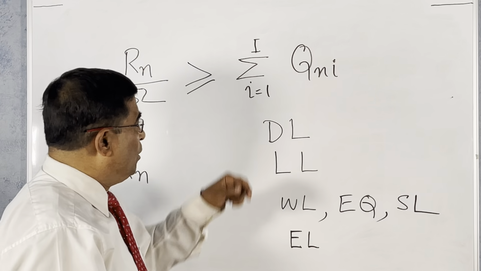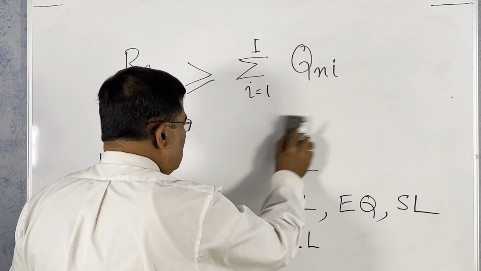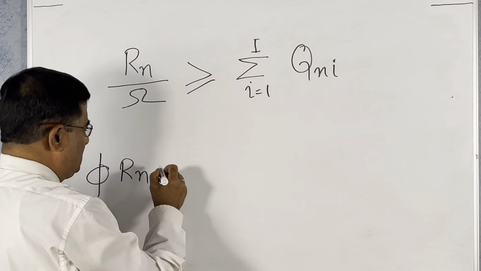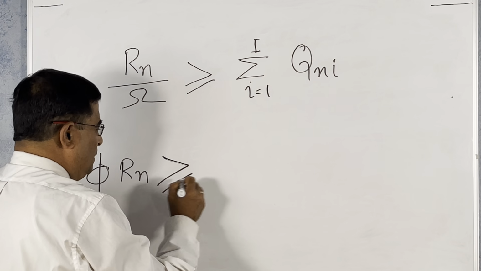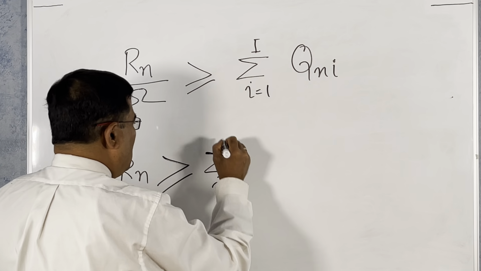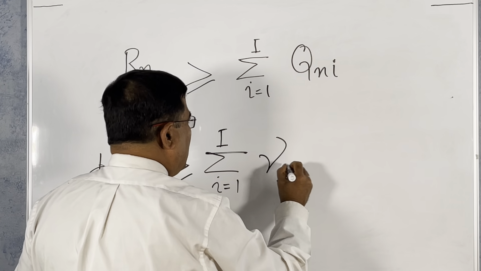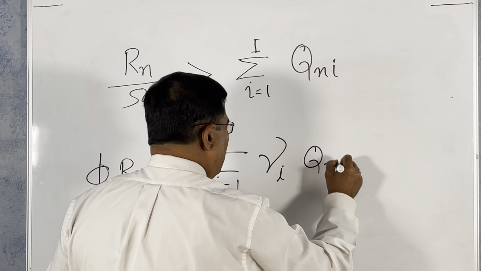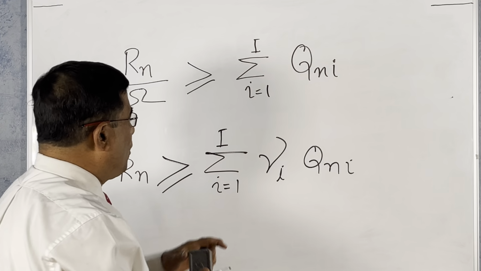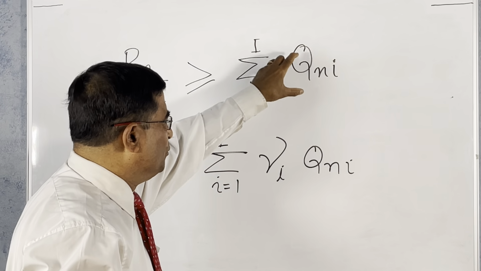So why do I call it maximum? Because there is a reason. You can see it here: lambda i, Q i. We multiply this value. Earlier, in working stress, we do not multiply. As is, we are taking it. Whatever value we get, that is it.